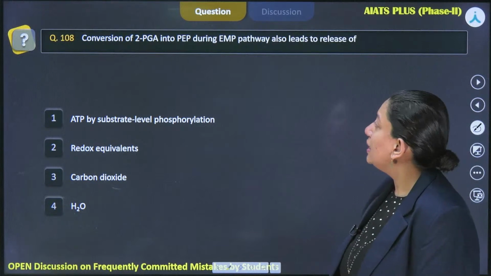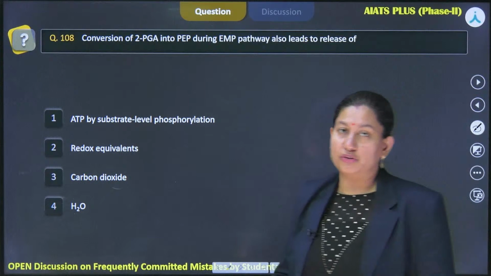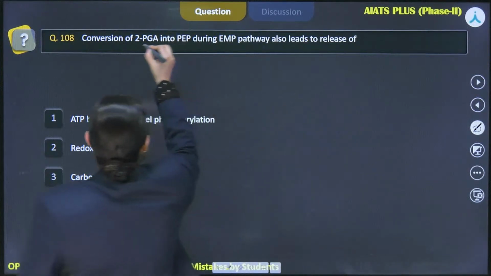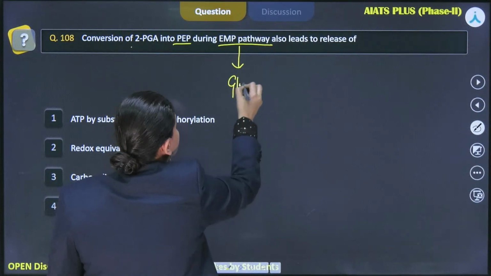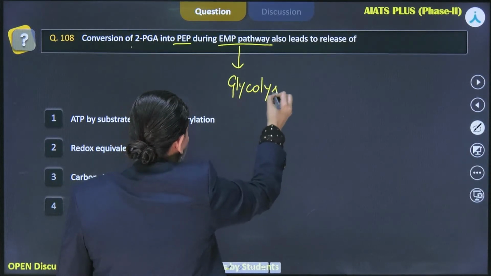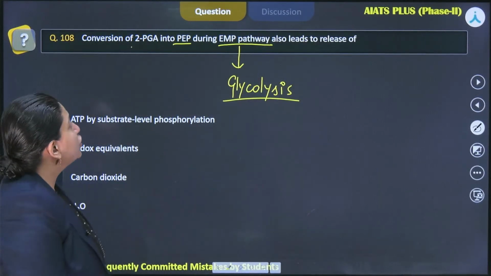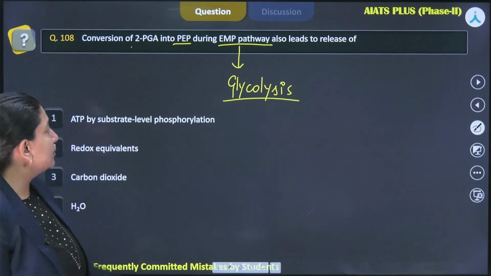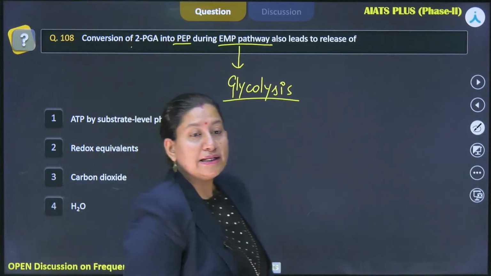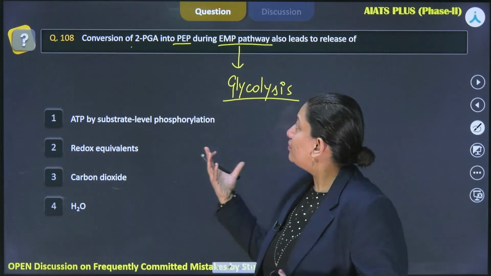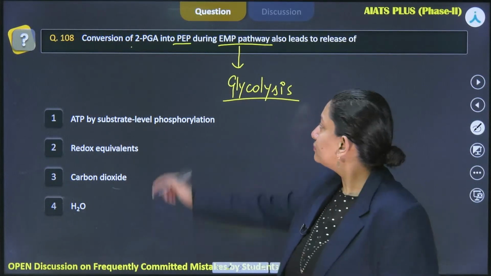When we say the EMP pathway, that means we are talking about glycolysis, right? Over here this conversion step 2-PGA into PEP is important, and why is it important, because PEP further is going to create the pyruvate molecule, right?